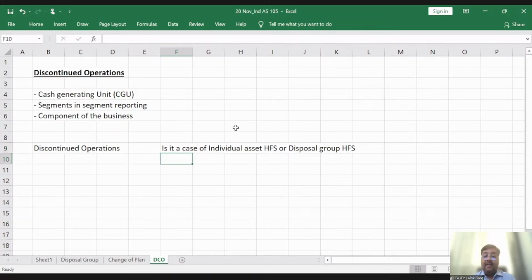Tell me. If the company is having discontinued operations, is it a case of individual asset held for sale or disposal group held for sale?